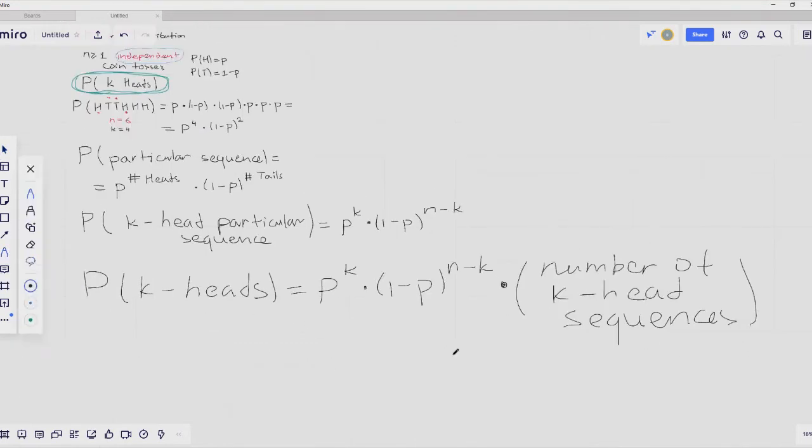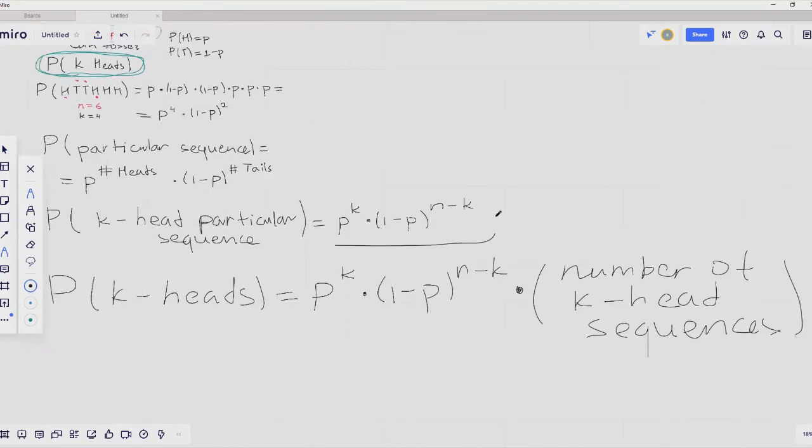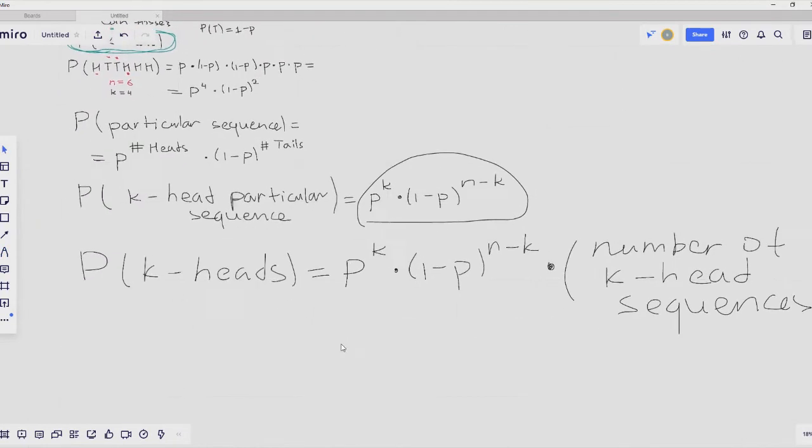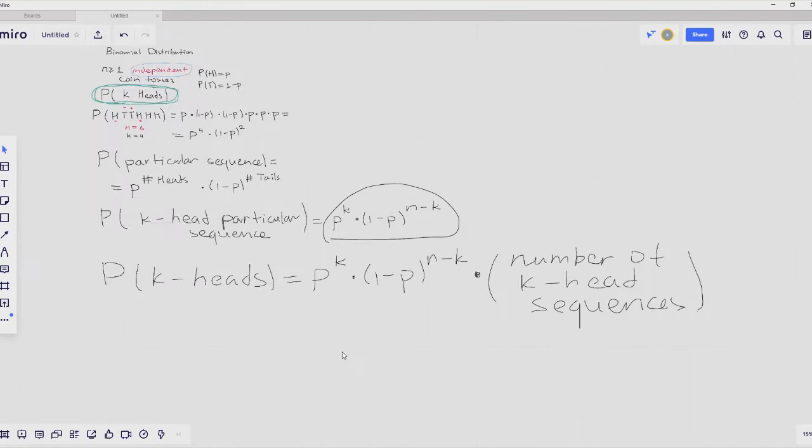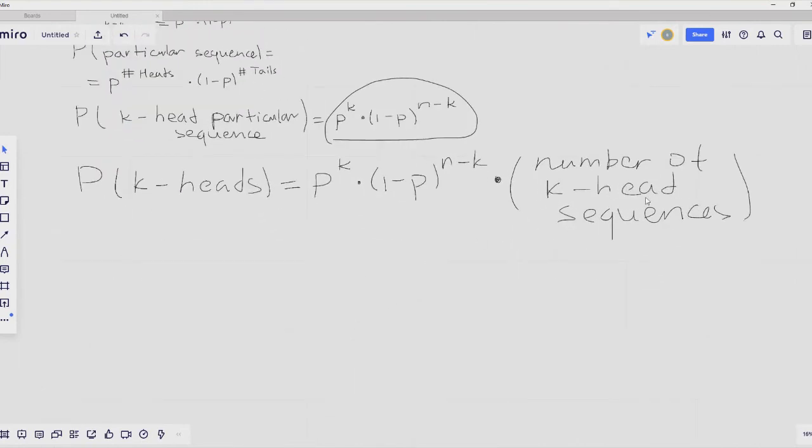Now we can use that derivation here by the following reason, that each particular k-headed sequence, they all have the same probability of p to the power of k multiplied by 1 minus p to the power of n minus k. Now, to find the number of k-headed sequences, we might consider it as the following problem. So we have ordered sequence of length n.